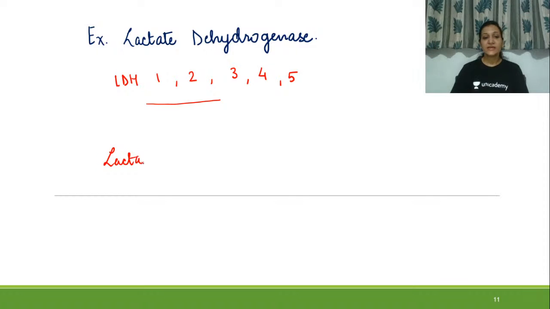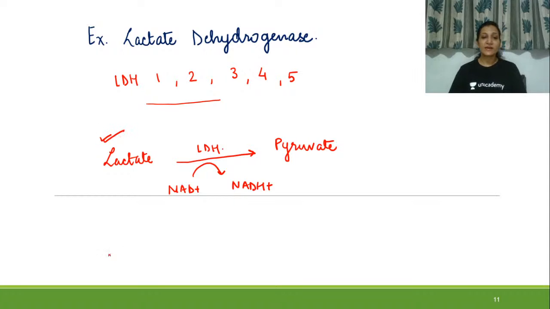That is, it converts lactate into pyruvate, and the enzyme is lactate dehydrogenase. Another thing that will be participating in the reaction is NAD, which will be converted into NADH. So this is how lactate dehydrogenase performs the conversion of lactate into pyruvate.